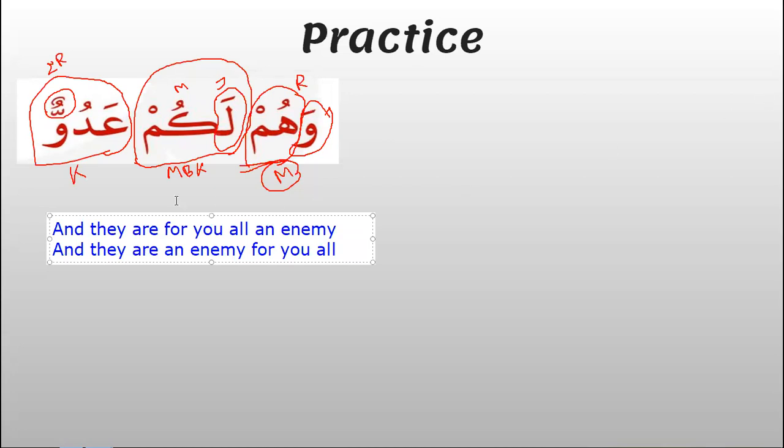So the thing is, after the mubtada we'll put the invisible "is" or "are", whatever is suitable, and then you can translate those two parts separately, but we cannot separate the fragments. If any word is connected to another word, then we cannot separate them. We will take them all together as a single ism. So there's only one invisible "are". You cannot say in a sentence, "they and they are for you all are an enemy." It doesn't make sense. It's only one.